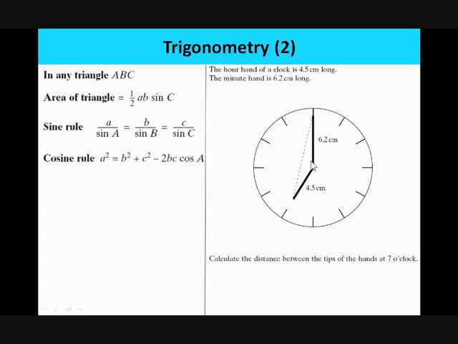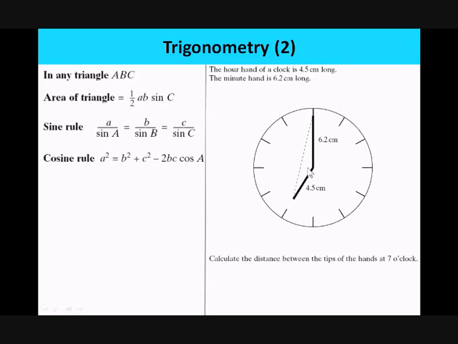Now we can work out the angle between the hands because it's 5 hours out of 12 hours all the way around the clock. 12 hours is 360 degrees, so each hour is 30 degrees, 360 divided by 12. So 5 hours makes 150 degrees, because it's 5/12 of 360.